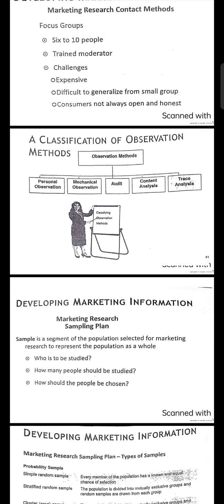The development comes with facilities to cater for the children and the young couples, so it will be more attractive to them. When you market the project, it will be easier. So this is trace analysis: identify their past behavior, their culture, and the trend.